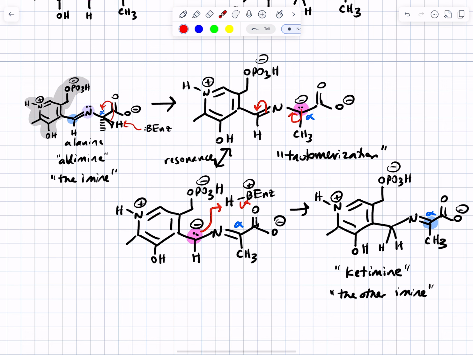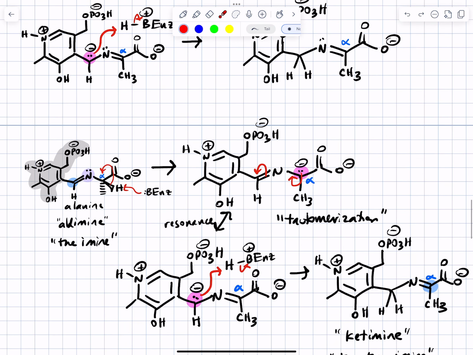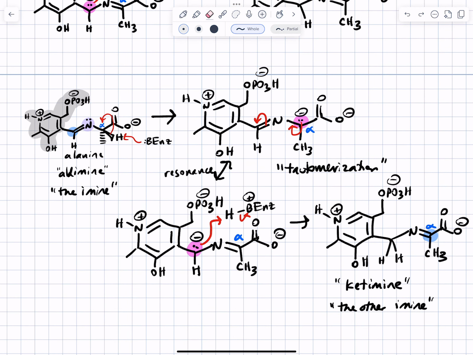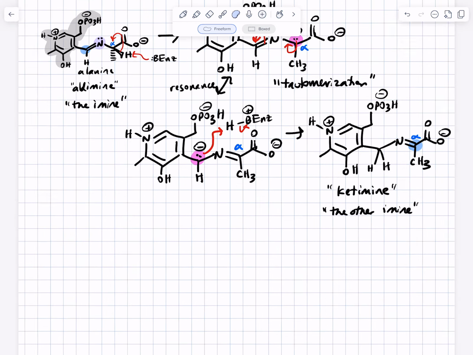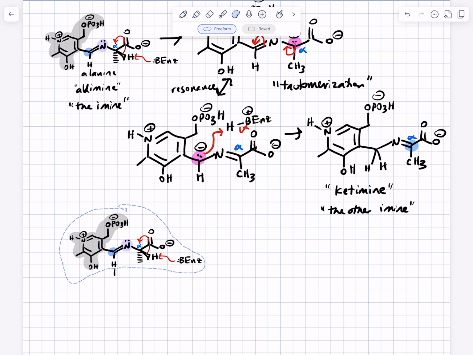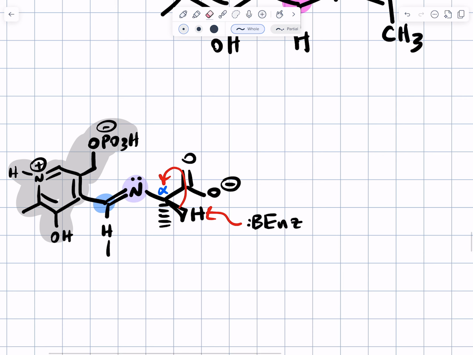For example, if I'm going to do this and then erase it just to make sure that the notes aren't disorganized, but I could have, instead of drawing this, I could have simply done this. And that would work too. In fact, since we're all about versatility, I drew the intermediates because I think it's important for you to know why you can remove that alpha proton in the first place.